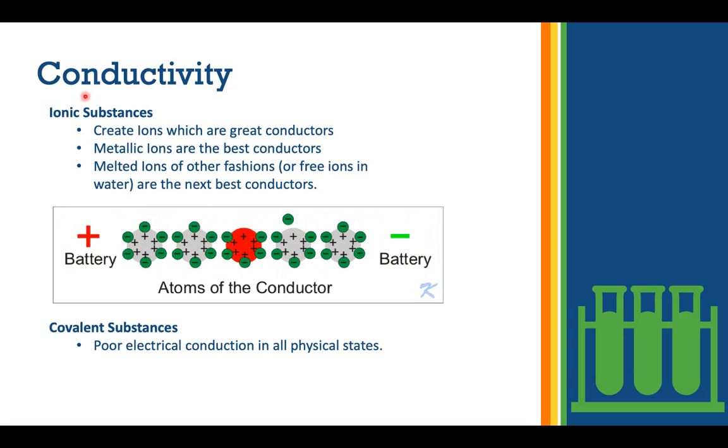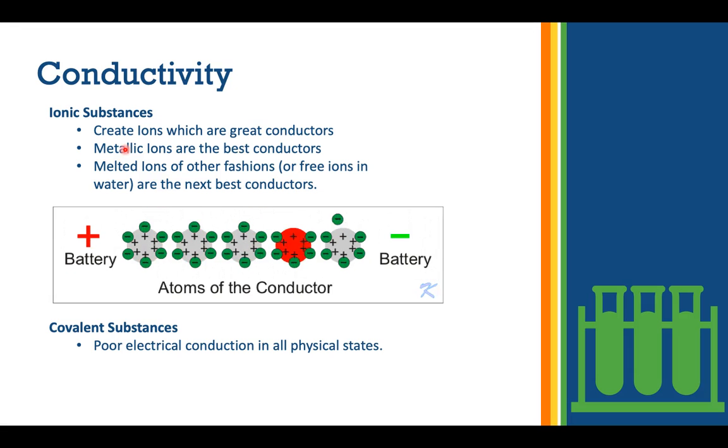Okay, with conductivity, ionic substances create ions which are great conductors. Metallic ions are the best conductors. That's why we use them. Copper wiring, all these sorts of things that you see in refrigerators or other appliances or cell phones.